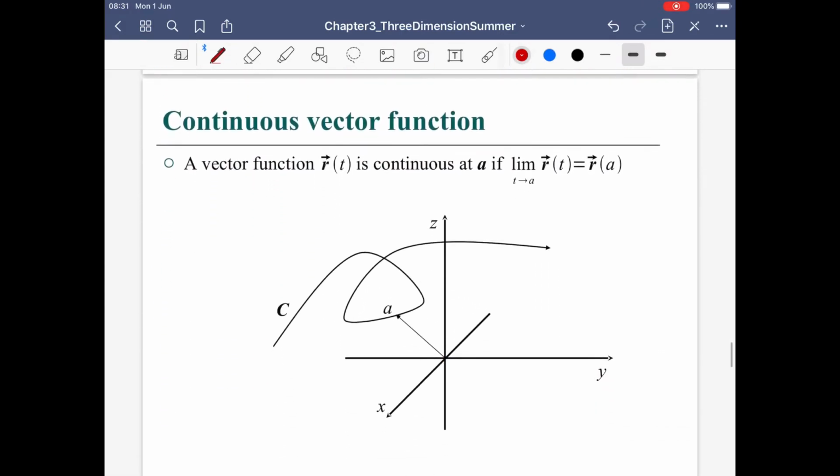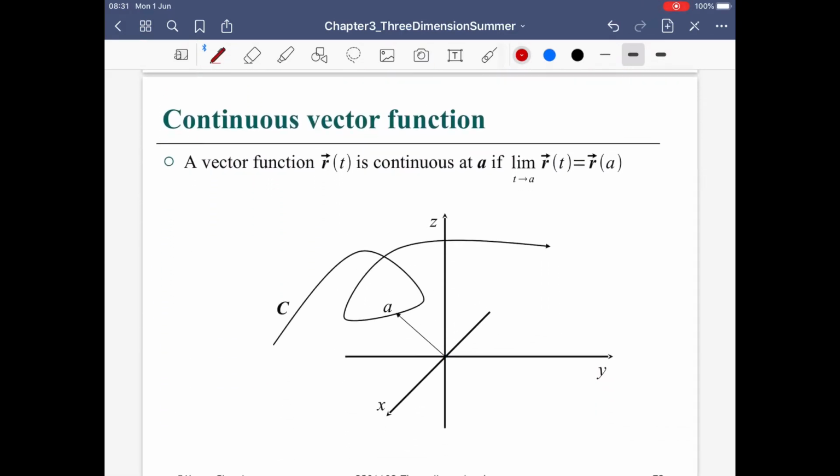Next, as you have the limit, you can determine the continuity.